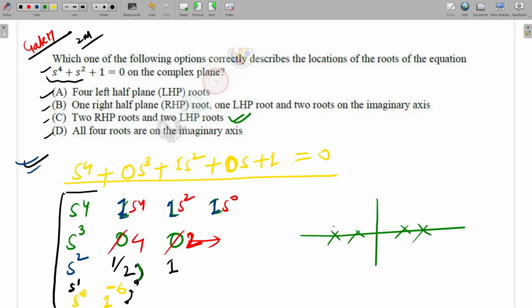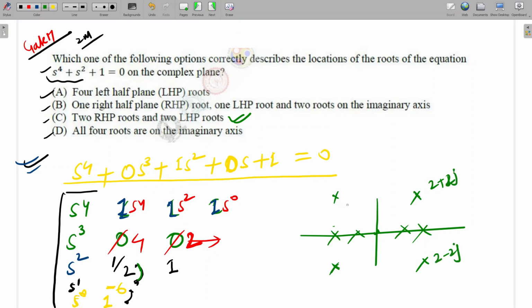If it will be symmetrical with respect to origin, means one in the left hand side here, then another symmetric one will come here. Another will be here and another will come here. So let's say some 2 plus 2j and 2 minus 2j.